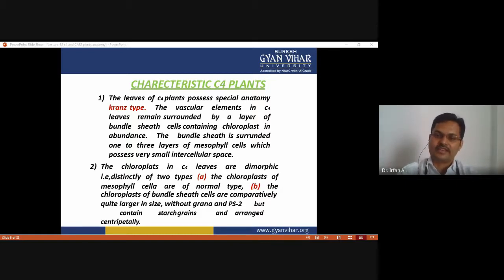Photosystem second is not found in the chloroplast of bundle sheath cells, and this photosystem is also involved in photophosphorylation. But they contain starch grains and are arranged centripetally, so these chloroplasts are found in the central part of the bundle sheath cells, because these chloroplasts only carry out the Calvin cycle. That's why dimorphic types of chloroplast are found in the C4 plant. So it is clear.